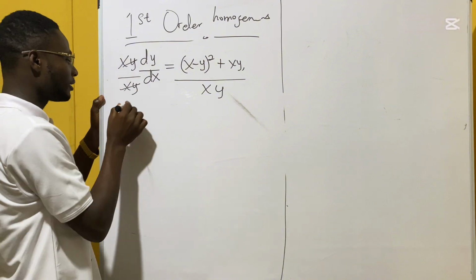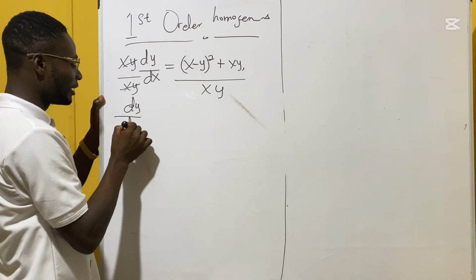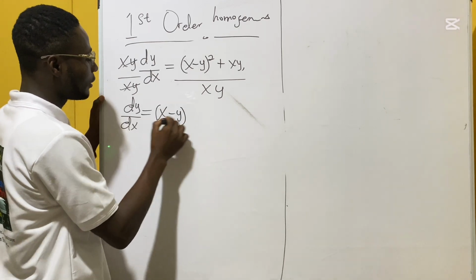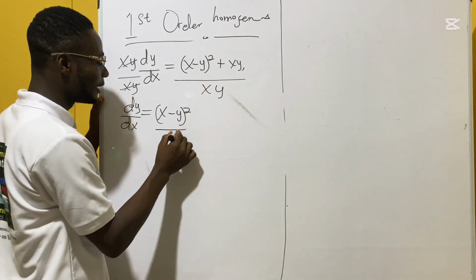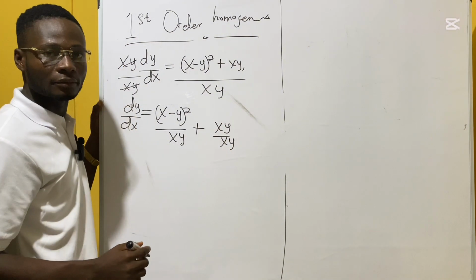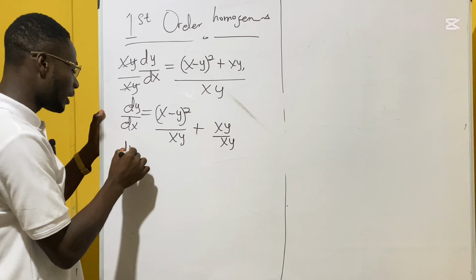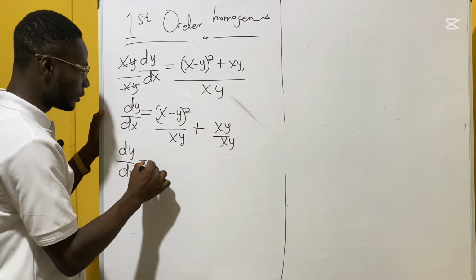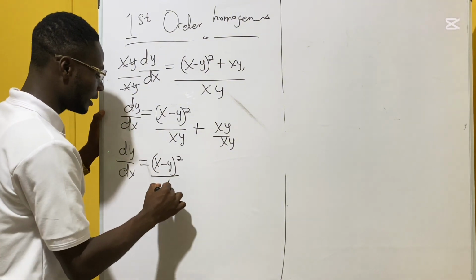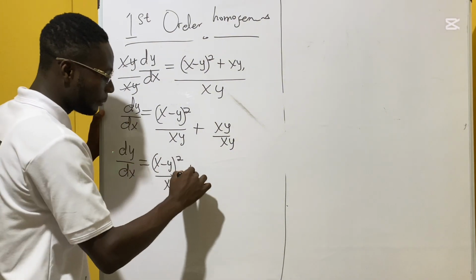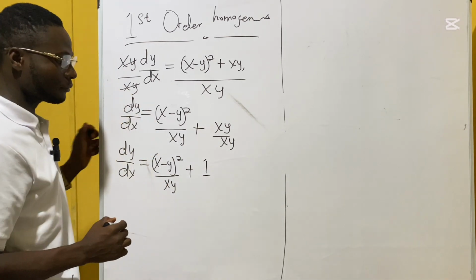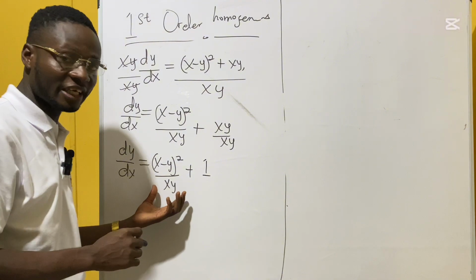So you have dy over dx is equal to x minus y all squared over xy, plus xy over xy, which is positive 1. Okay, so now we have this function.